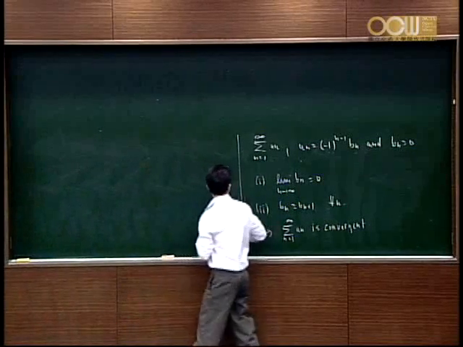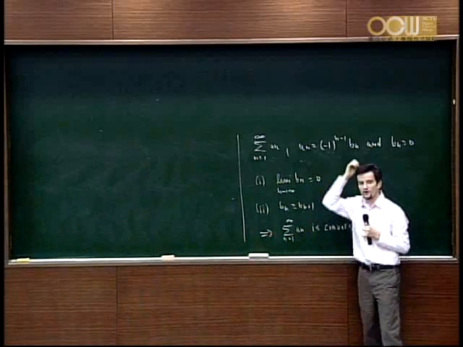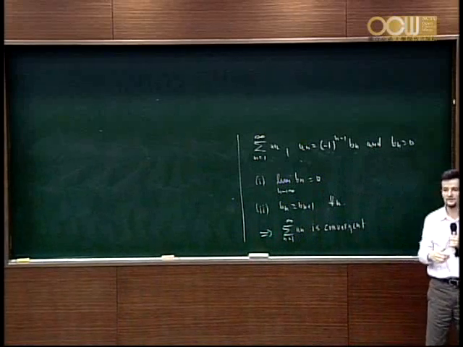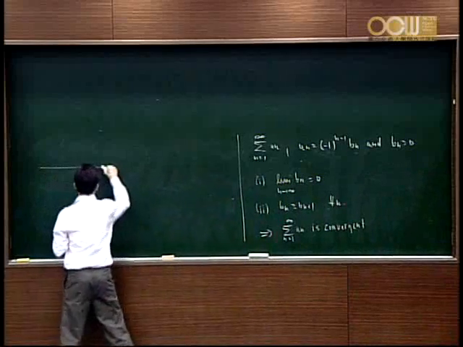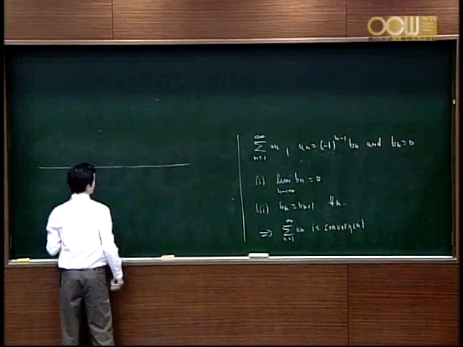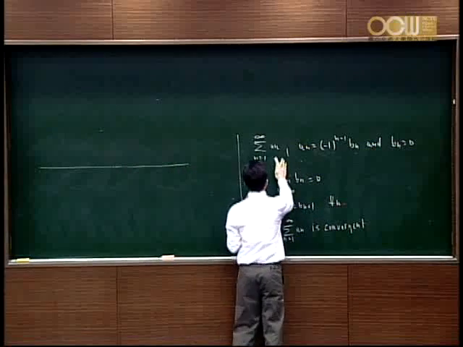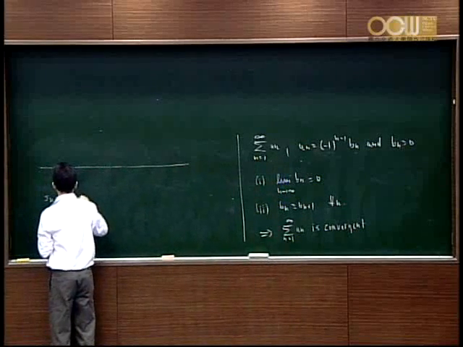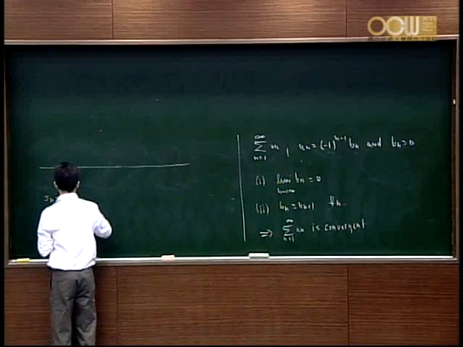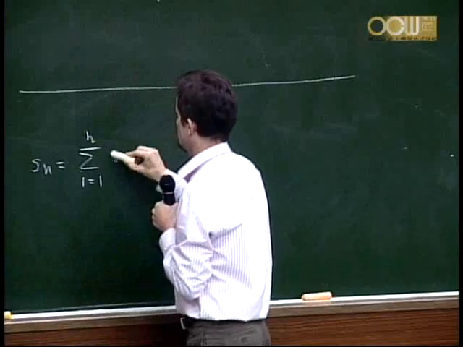Now, the reason why such a simple result holds for alternating series is very easily explained. Namely, what I do is I draw the terms, I draw the partial sums. So what I draw is Sn is equal to the sum i from 1 to n of the ai.